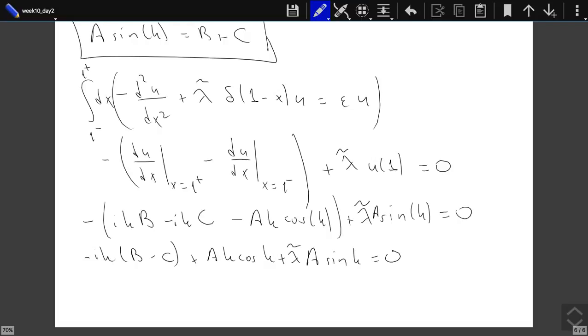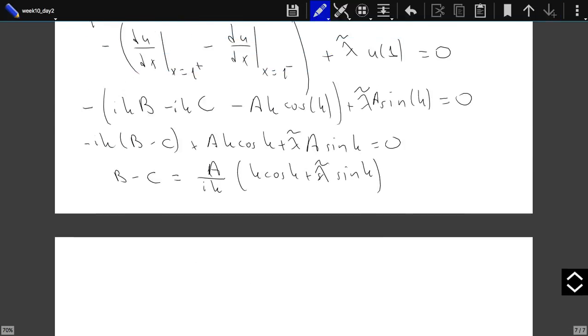Or b minus c is equal to a over ik times k cosine k plus lambda tilde sine k. So this is what b minus c should be.